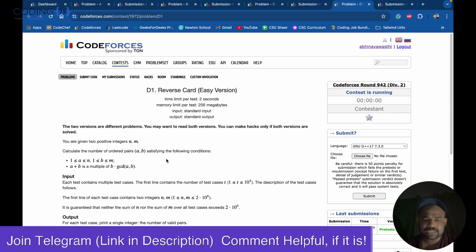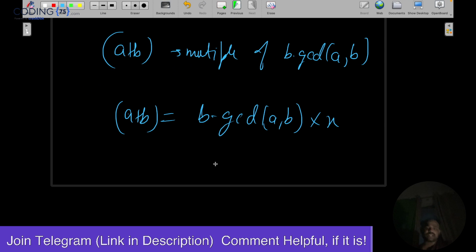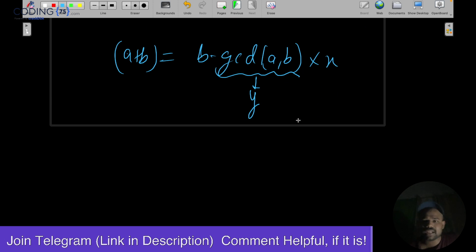Now let's evaluate this expression. When I'm saying A plus B is a multiple of B into GCD of A comma B, the GCD will be some whole number. Let's say the value of GCD of A comma B is g.